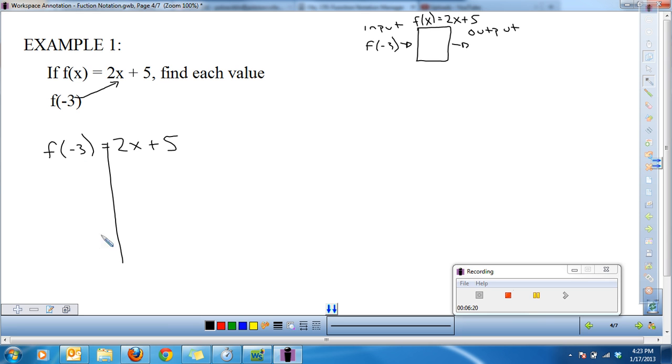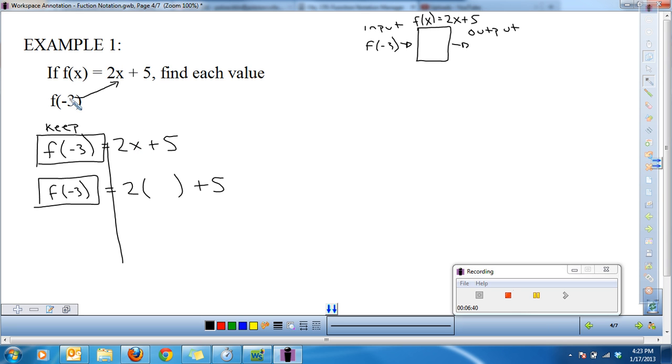Now, a common mistake a lot of us make, and this is just a formatting thing: this f of negative 3 will always stay. So what I do is I put a box around it so that I remember to keep it. I'm not going to do anything with it. So I have f of negative 3 equals 2 times negative 3 plus 5.